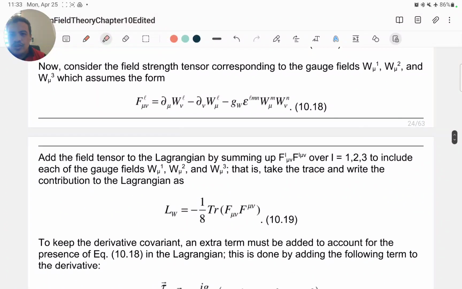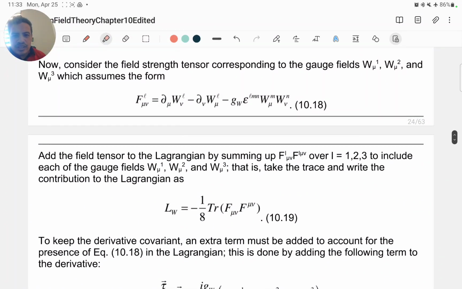Now, consider the field strength tensor corresponding to the three gauge fields W mu 1, 2, 3, and so we will have a form of the F mu nu L as this one here. This has three components.